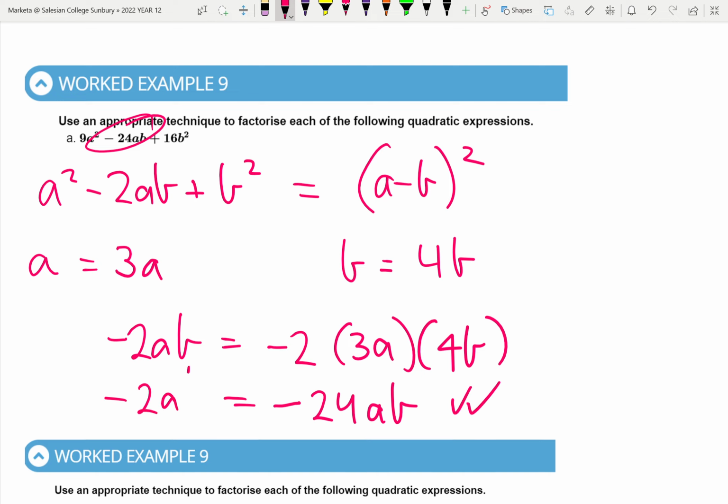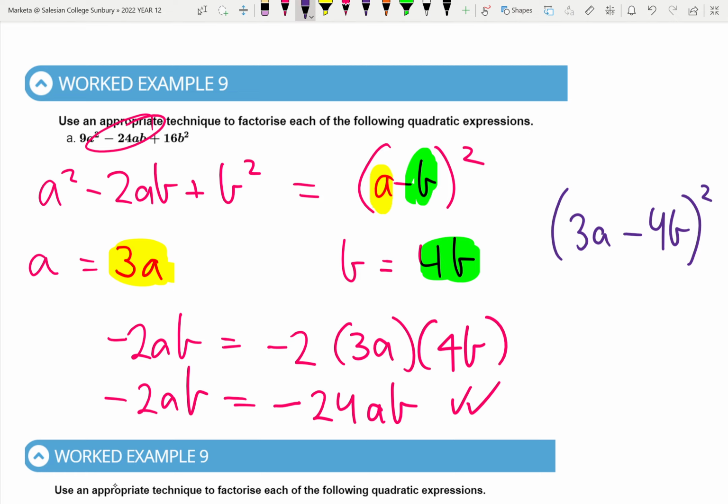So negative 2ab is negative 24ab in this case. So that means that, yes, the identity works. So now what I can do is just factorise it by subbing these in. And I end up with a, which is 3a, minus b, which is 4b, squared. So that would be my factorised form.